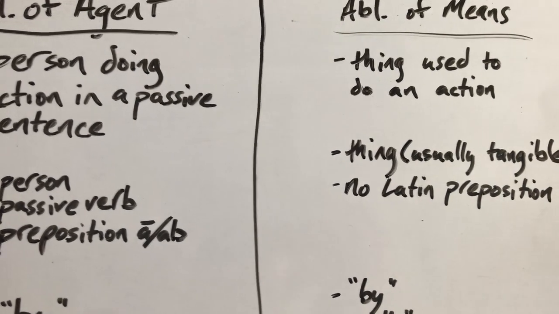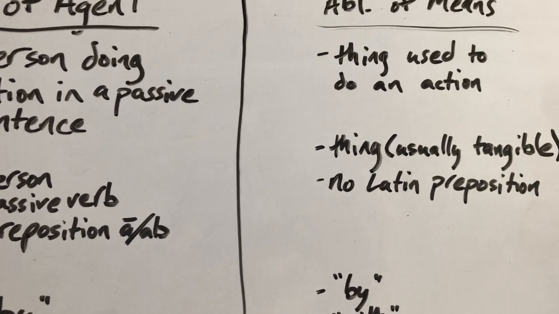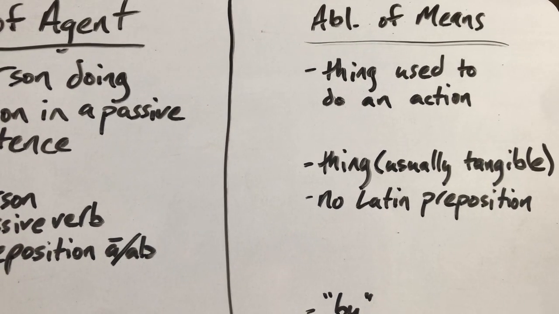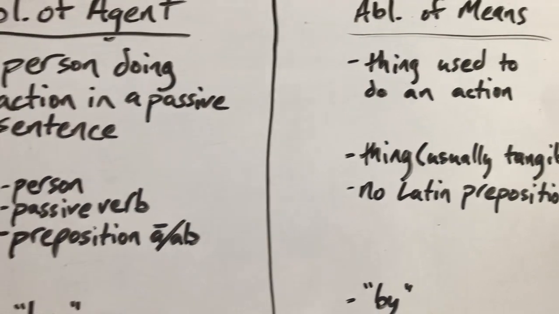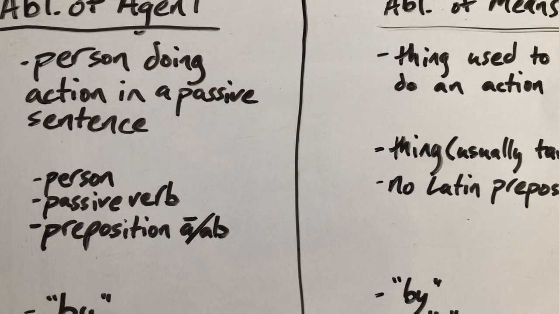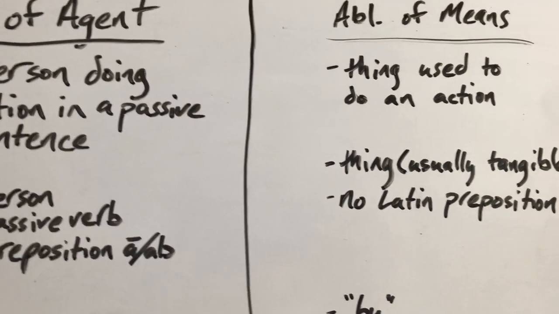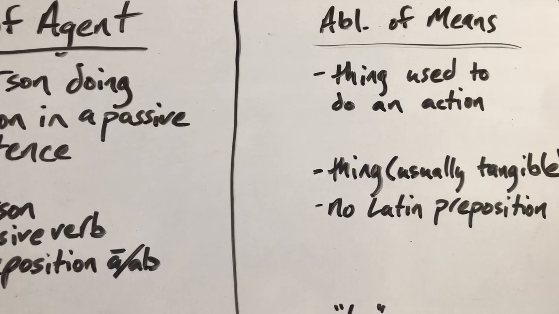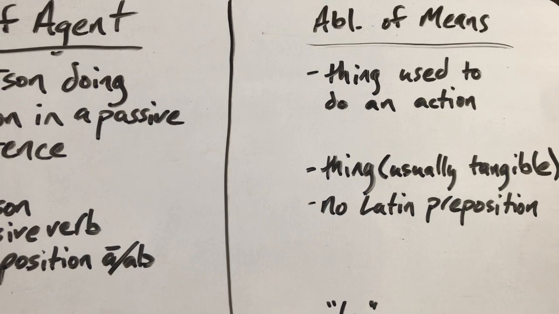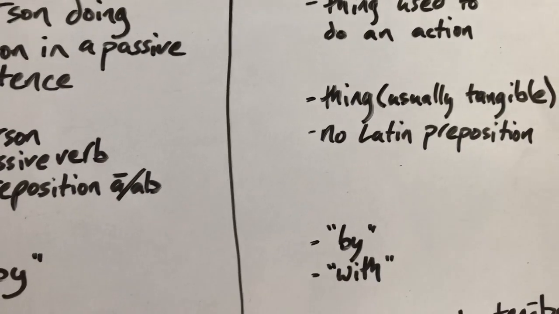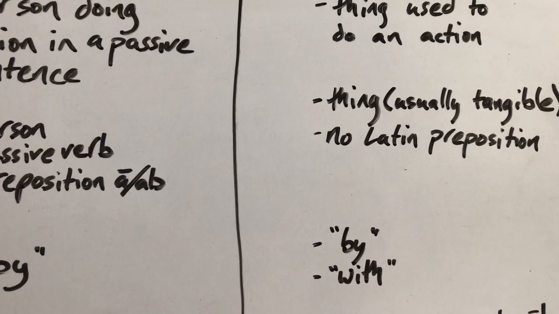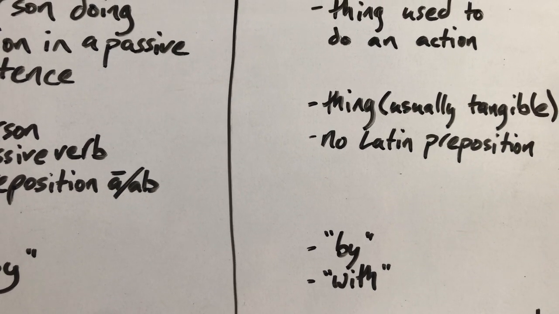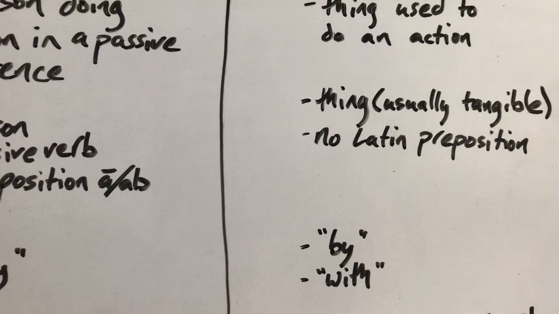Ablative of means also will not have a Latin preposition, whereas with ablative of agent, you had to have that a or ab. And then ablative of means can be used with both passive and active verbs. You'll see it with both. As for translation, it can be translated by, and it can also be translated with. Both of those are viable translations.